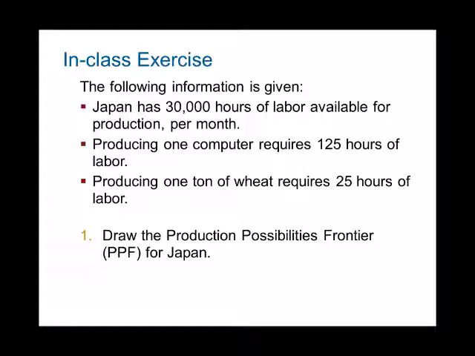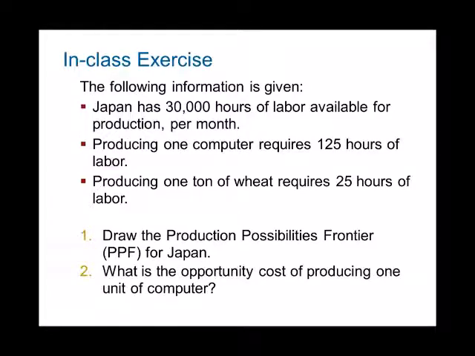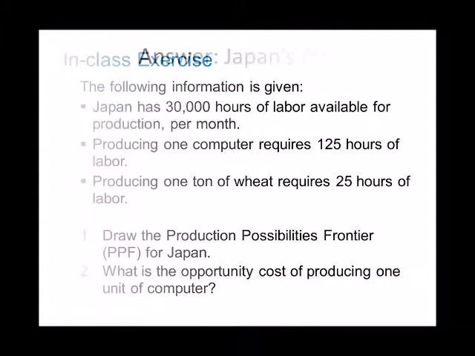You need to figure out how many tons of wheat Japan can produce if each ton of wheat requires 25 hours, and then draw the production possibilities curve. And from that, find out what is the opportunity cost of producing 1 unit of computer for Japan. And I'll post the answers in the end.